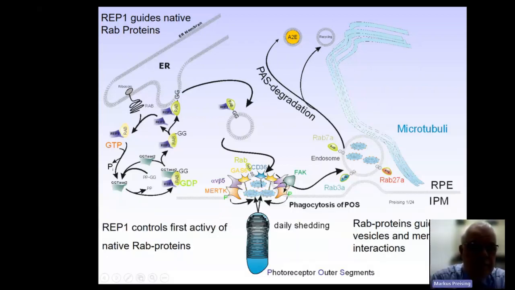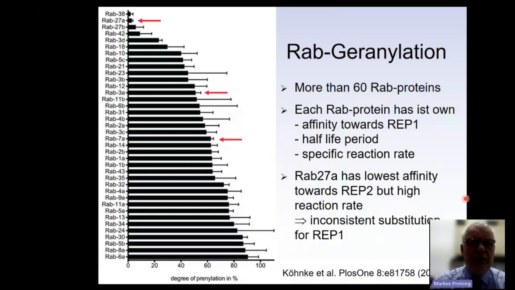In the end, especially this Rep27A is a Rep protein that mostly confers the loss of function that leads to the choroideremia disease. As I told you before, Rep proteins are the major players in the disease of choroideremia, especially as these Rep proteins guide the vesicles through the cell and support functions of vesicles and structures.